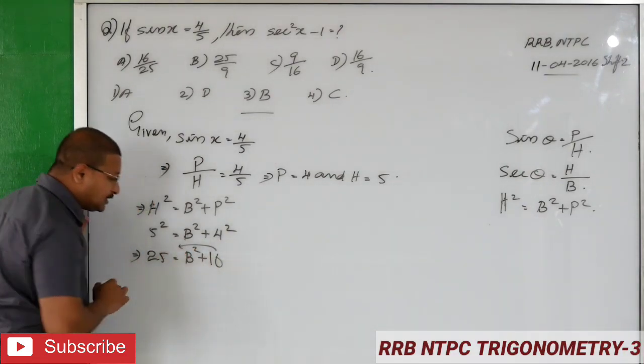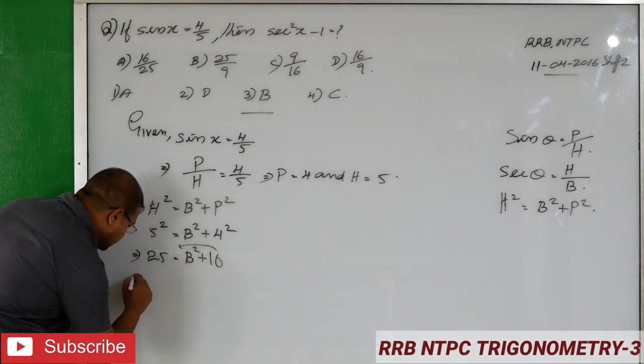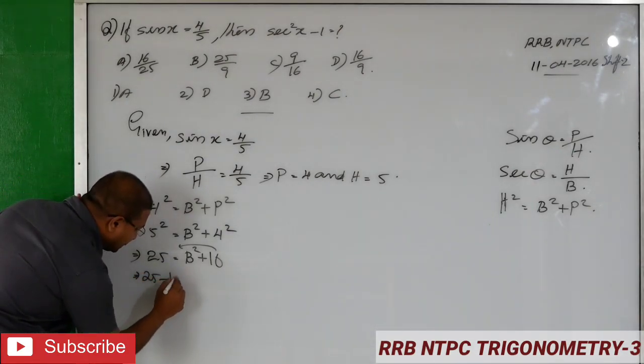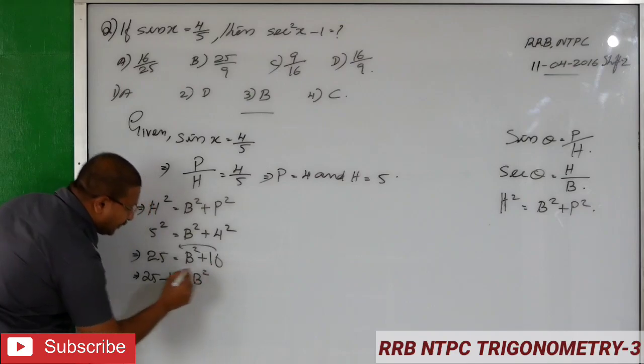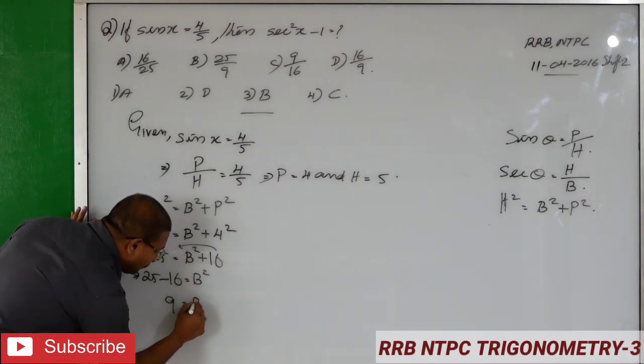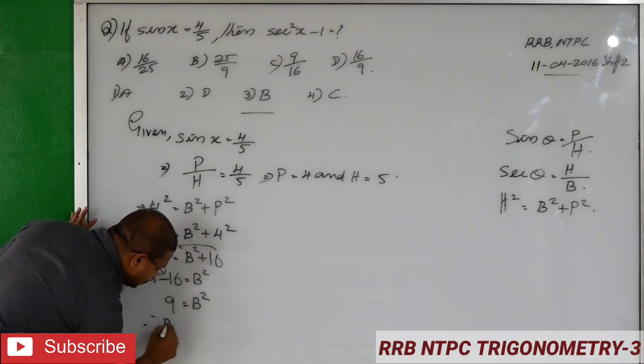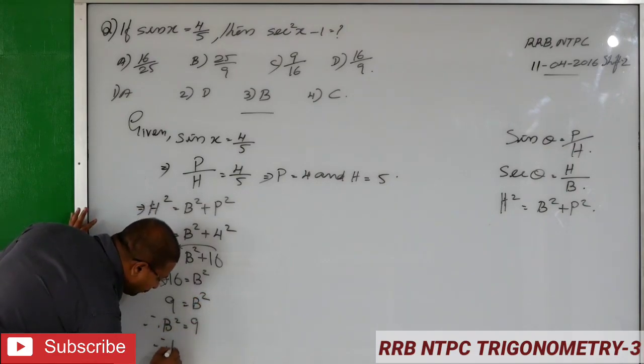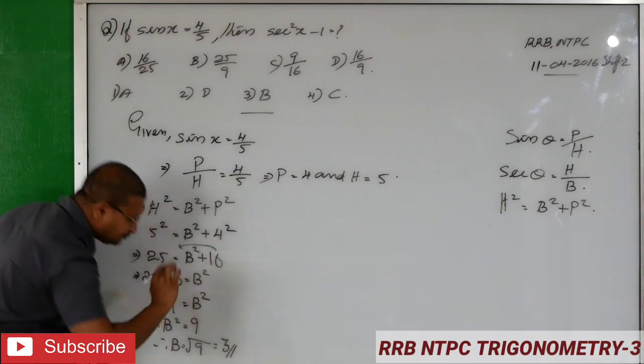This 16 goes to the other side, minus. This implies 25 minus 16 equals base square. 25 minus 16, that is 9. Therefore, base square equals 9, so base equals root of 9 equals 3.